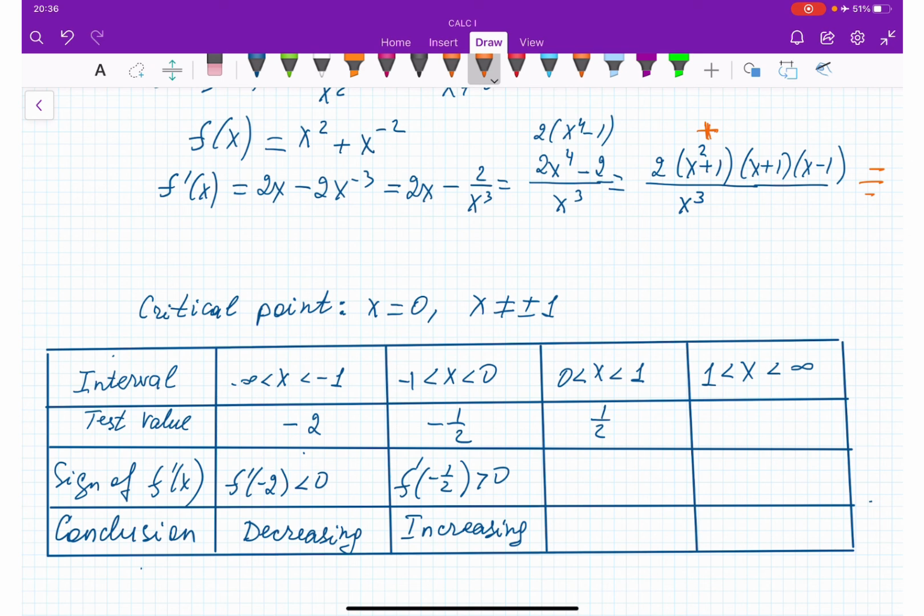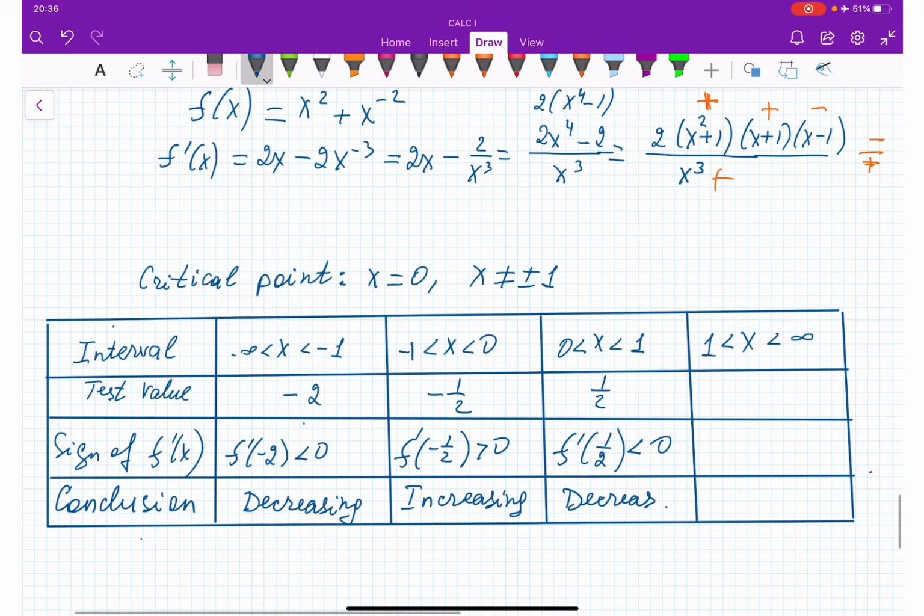Now this one also positive, and this is going to be negative, right? And this one also positive, so negative by positive is going to be negative. So f prime of 1/2 is going to be less than 0, which means decreasing.